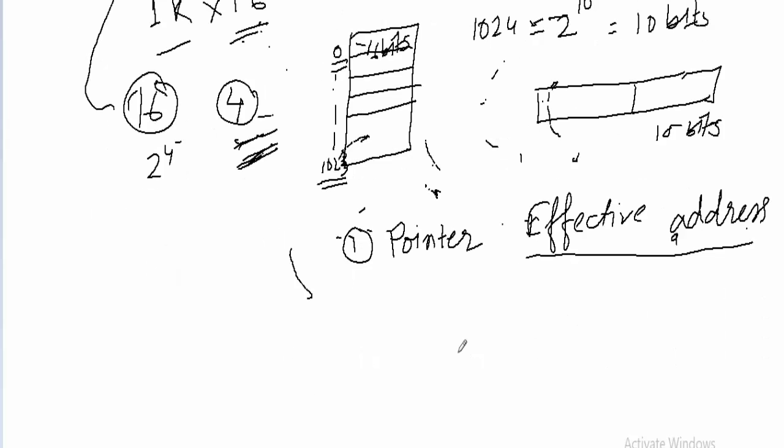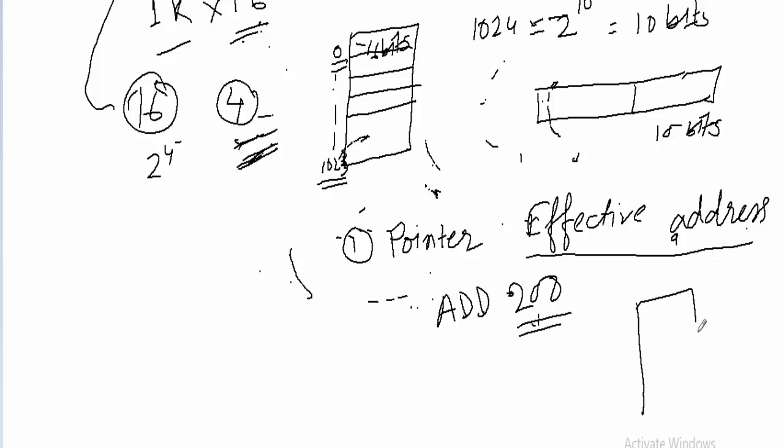Let's see an example to understand the effective address. Let's say an instruction is like add 200. So this is the address 200, and in the memory this address 200 is present.